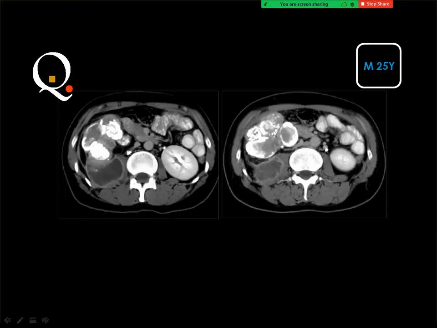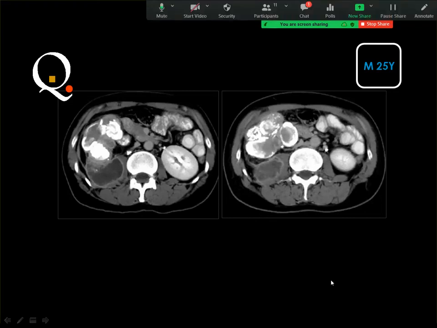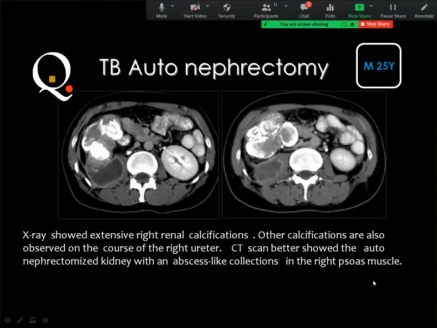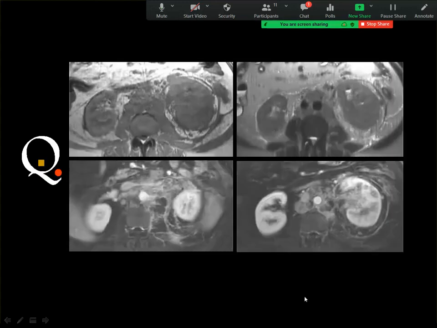It shows totally calcified kidney with no function, and posterior pararenal collection that is marginally enhanced, representing a pararenal abscess. And this is MRI T1, T2, and T1 post contrast of the kidneys.